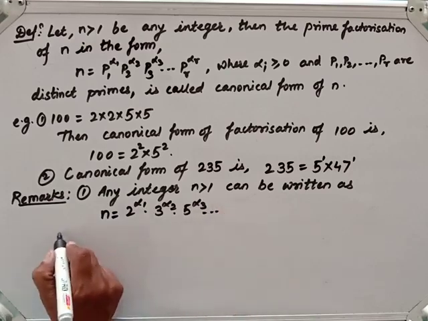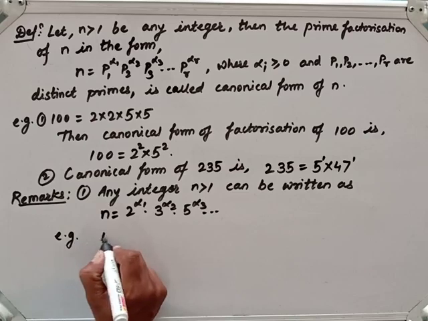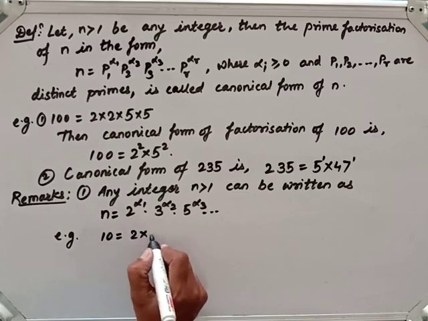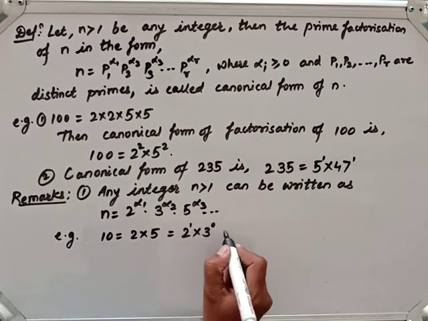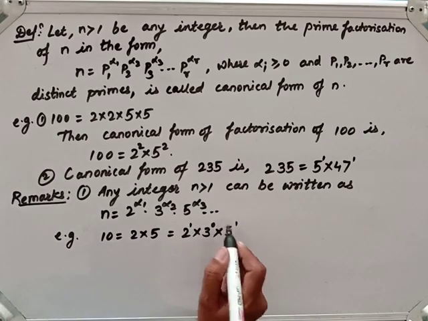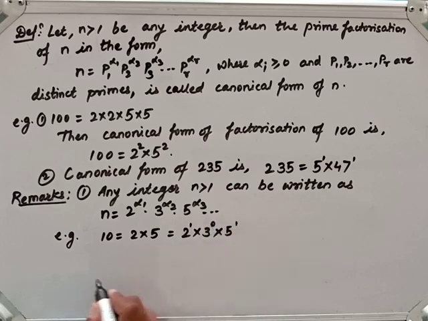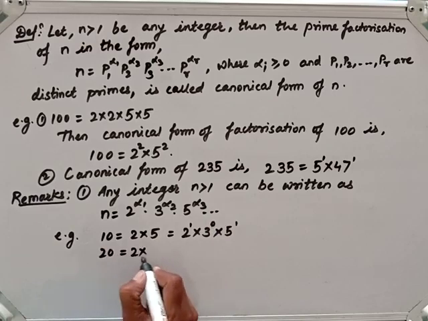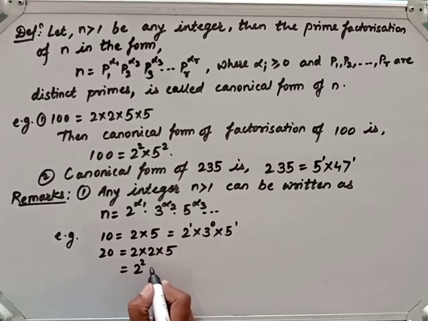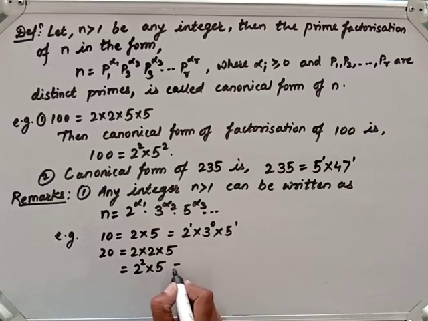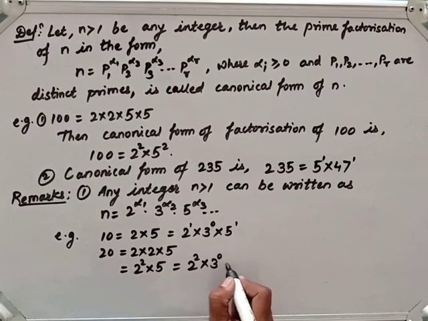Now for example, 10 is equal to 2 into 5, that can be written as 2 raised to 1, 3 raised to 0 into 5 raised to 1. Again 20 can be written as 2 into 2 into 5, that is 2 square into 5, that is 2 square into 3 raised to 0 into 5 raised to 1.